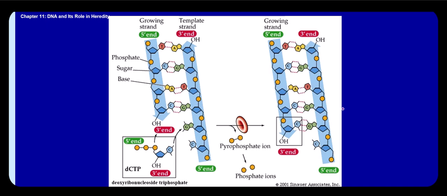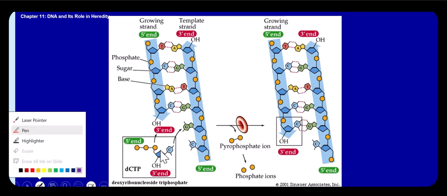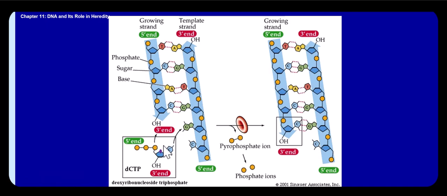So let's look at the bottom corner here. What we have is a sugar, and we should probably actually have an oxygen showing at the very top of it. Let's try that again. So we have the oxygen here.